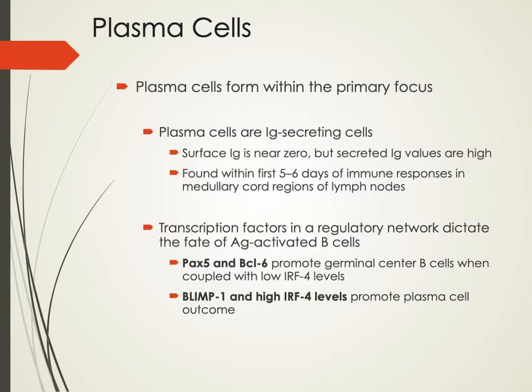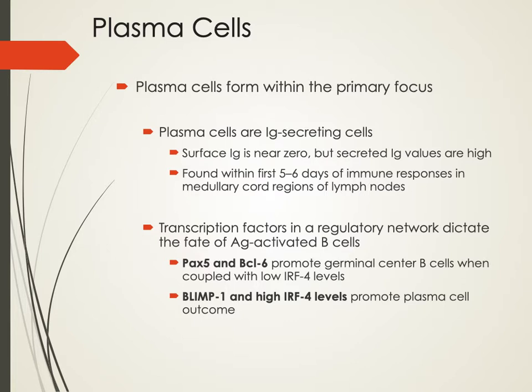So they lose that production of the B cell receptor, but they gain the ability to secrete high amounts of it. So the plasma cells can be found within the first 5 to 6 days of an immune response in the lymph nodes, in the medullary cord region.